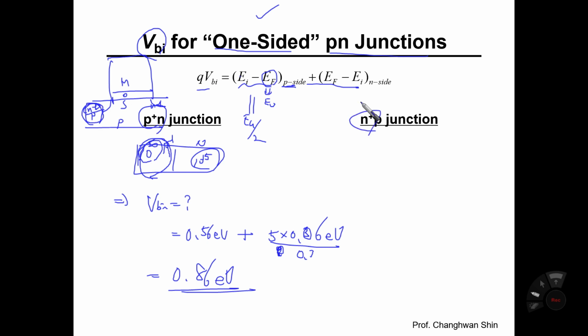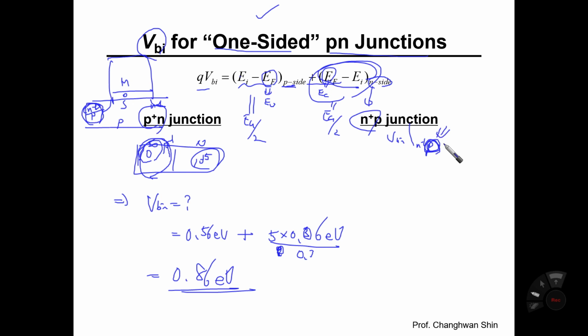Yeah, same. Since the n side is heavily doped, EF is very close to the conduction band edge, so EC minus EI is almost equal to the half band gap. So the key thing in determining the built-in potential of n plus p comes from how many acceptors are included in the lightly doped side.